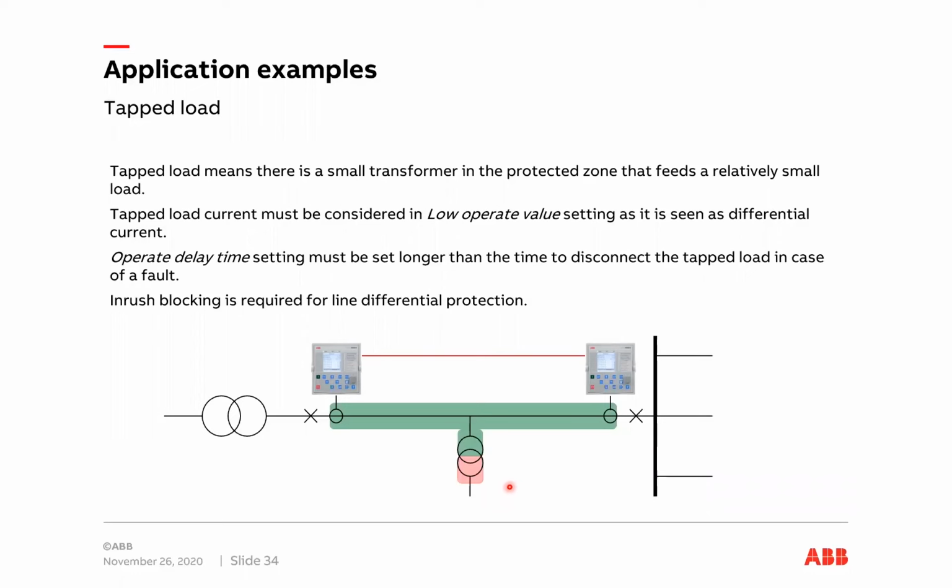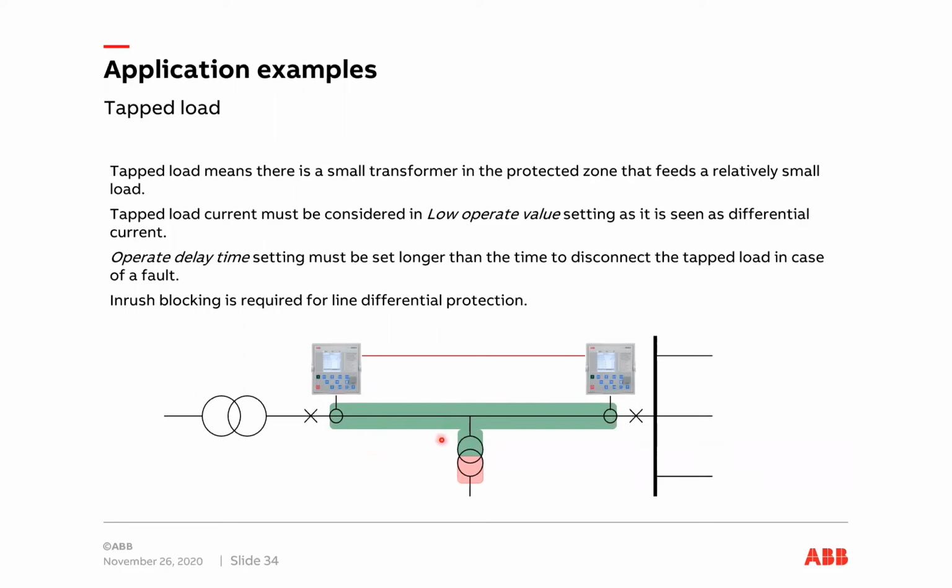And what more we need to consider here is that this transformer of the tapped load might be protected by fuses, for example. So it means that if we have a fault in this tapped load transformer or below, downstream of the tapped load, the line differential protection should not operate for those kinds of faults.